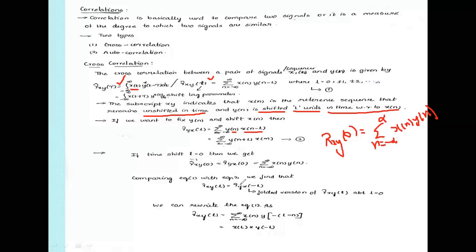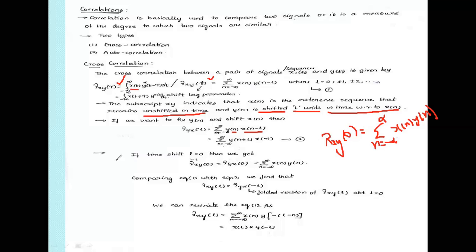So Rxy of L is equal to Ryx of minus L. You can treat the minus as a folded version of Rxy of L about L equal to 0. One signal is normal and the other is a folded version. Understood? Whenever you write it this way, you can relate correlation and the convolution relation.